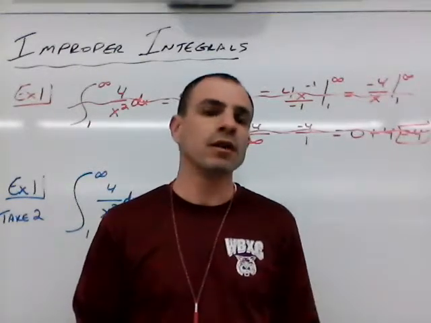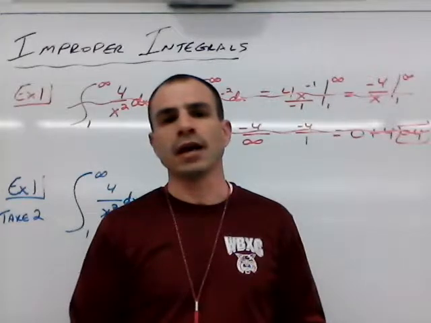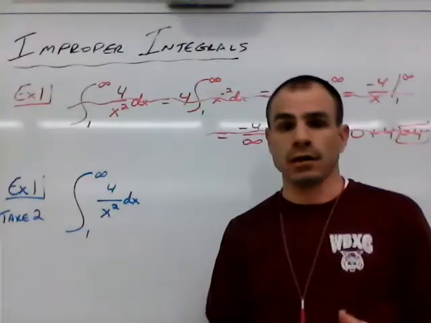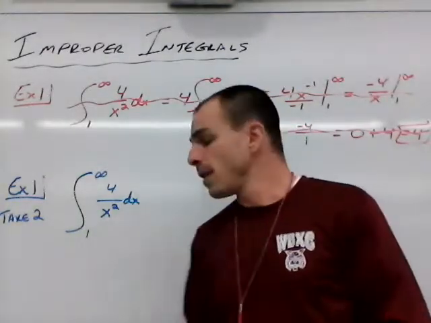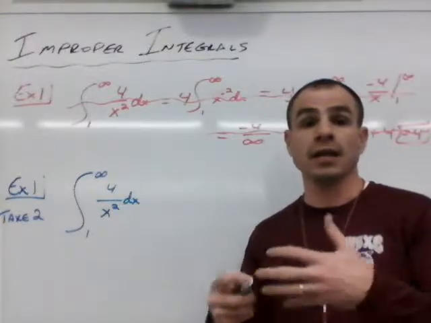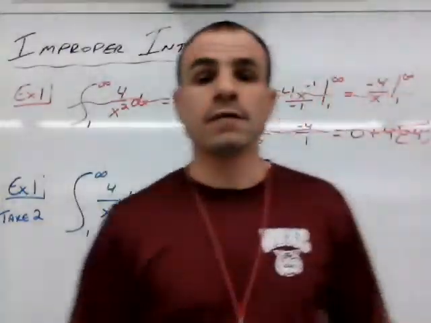When we're dealing with infinity, just like we did with Riemann sums and anything else, we need to deal with a limit. The first thing we want to do is get a definite value, so we don't want infinity right there.